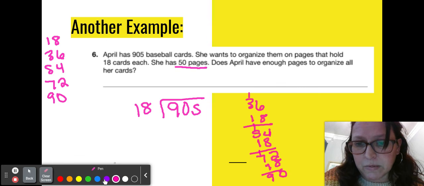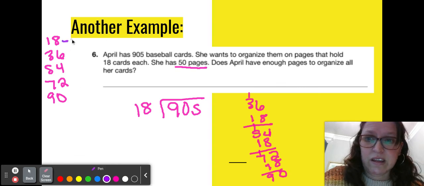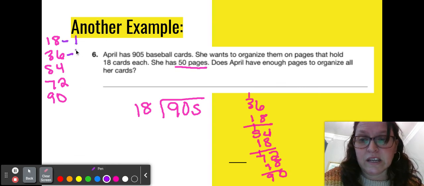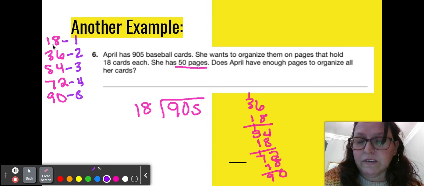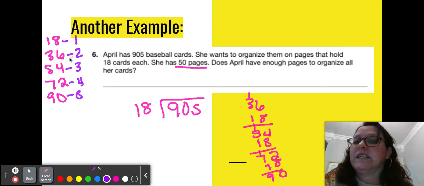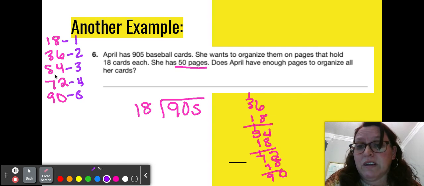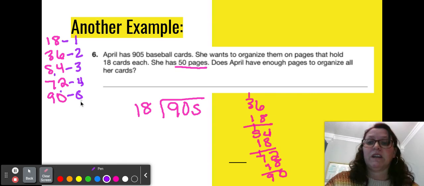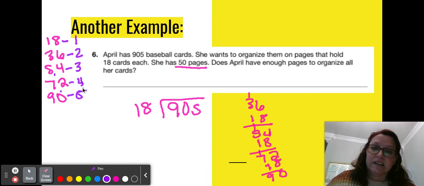I'm going to stop right there because I know that I'm not going to need anything more than 90. So 4, 5. So 18 times 1 is 18. 18 times 2 is 36. 18 times 3 is 54. 18 times 4 is 72. And 18 times 5 is 90.